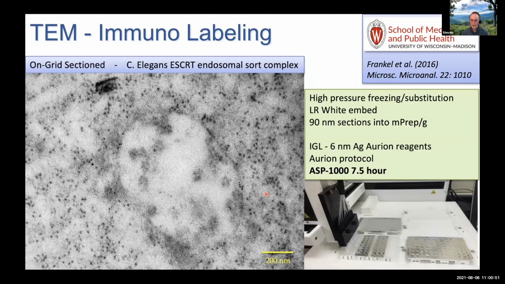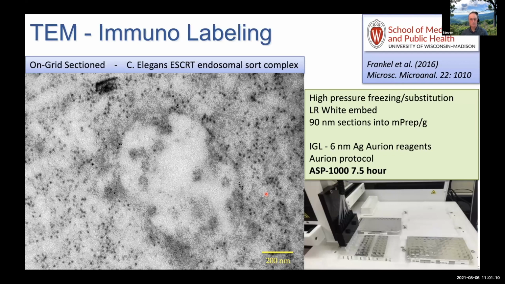So this study, which was the first ASP automated immunogold labeling work, used C. elegans specimens that were first high pressure frozen, freeze substituted, and then embedded in an LR White acrylic embedment prior to sectioning.